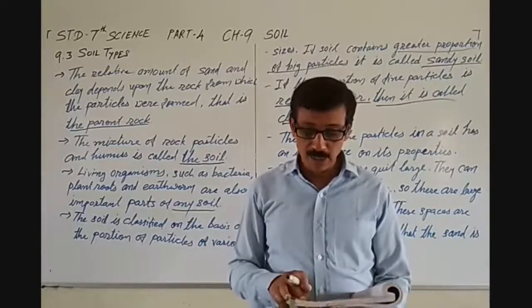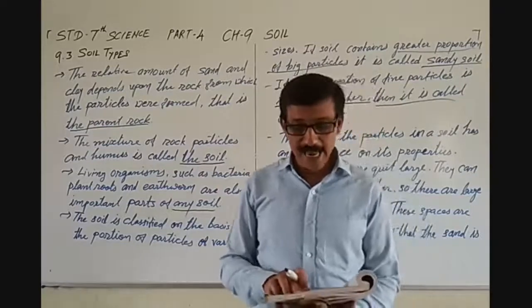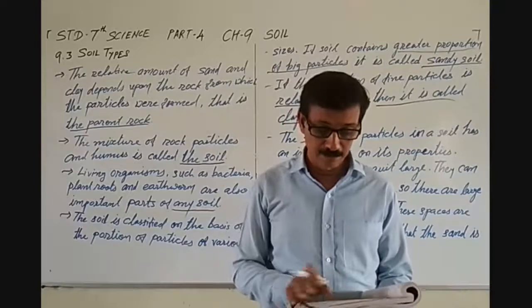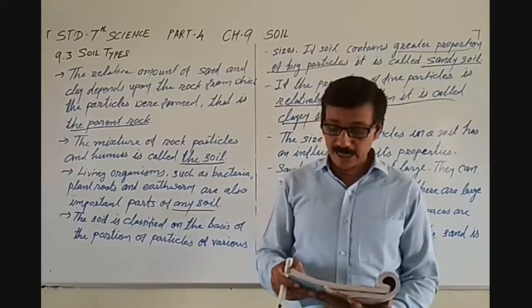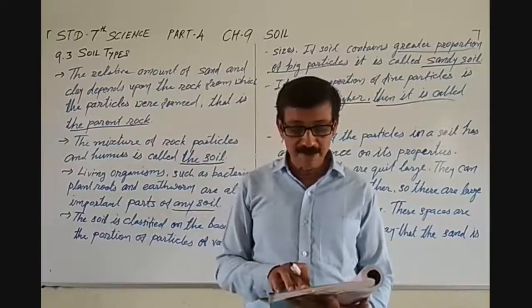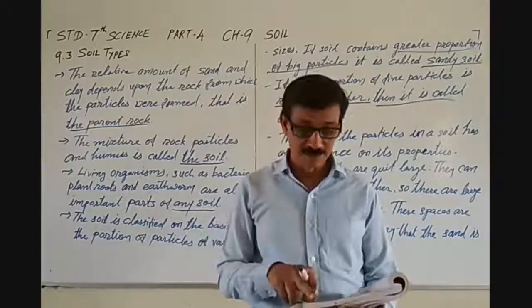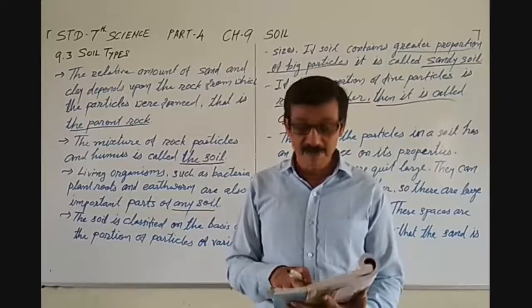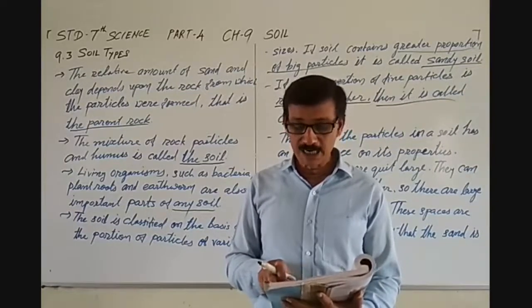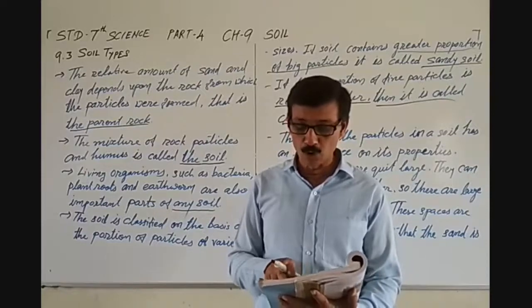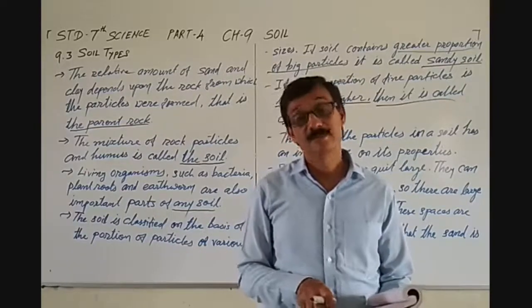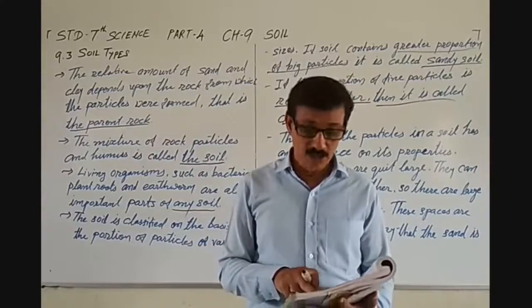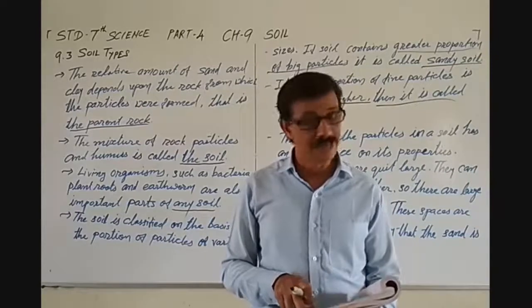So loamy soil is a mixture of sand, clay and another type of soil particle known as silt. Silt occurs as a deposit in river beds. The size of the silt particles is between those of sand and clay.